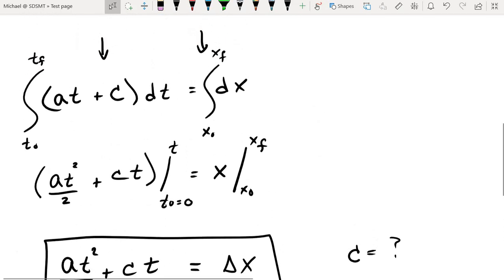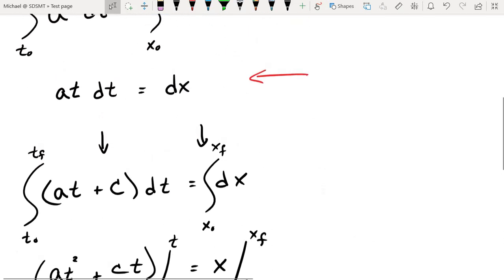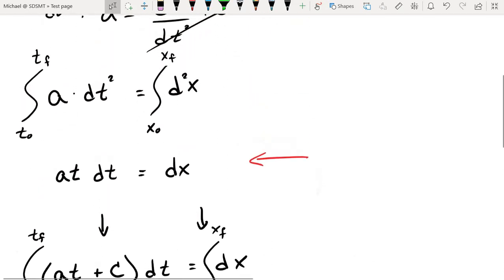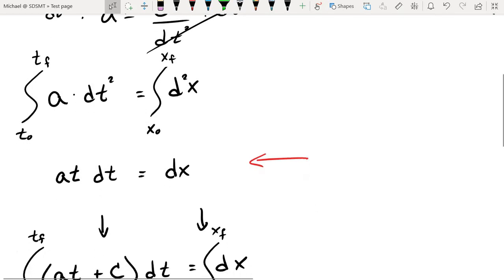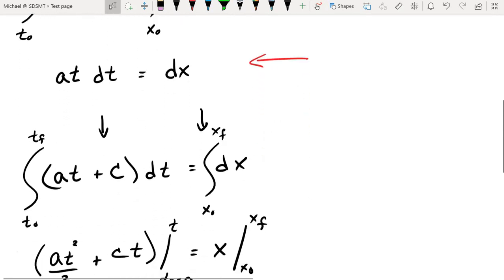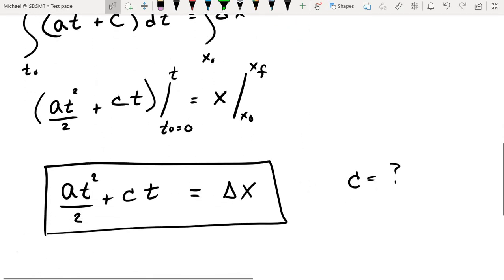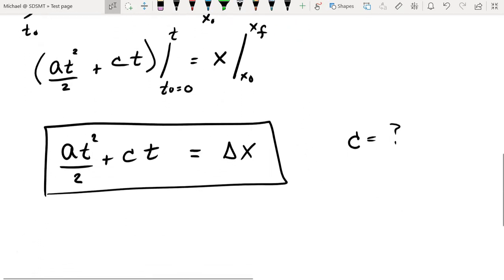Well, keep in mind how we did the integration. We were integrating each side of the expression with respect to the variable on that side. Now what we're going to do is take the derivative of both sides with respect to the same variable.